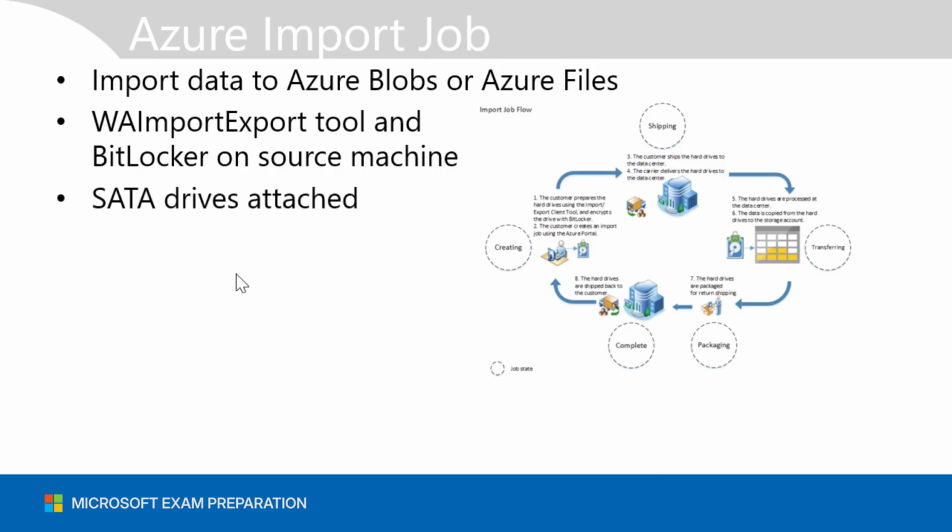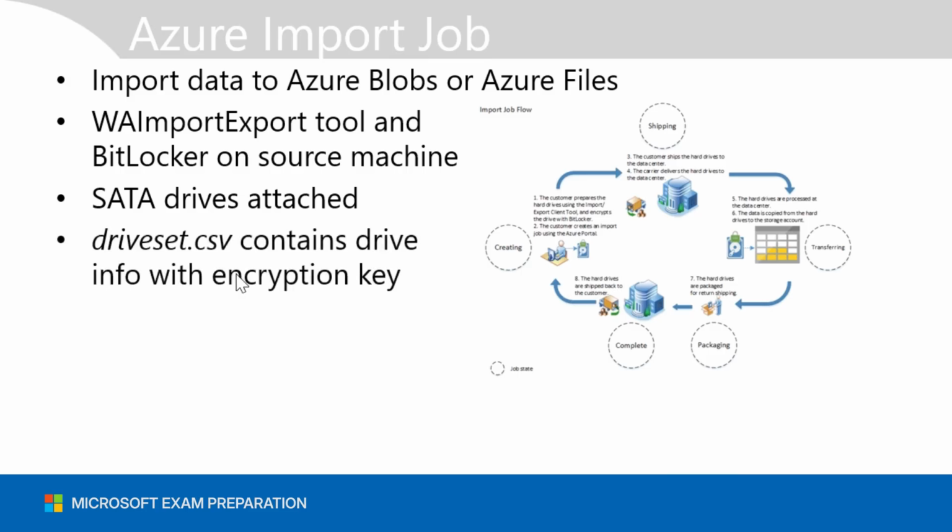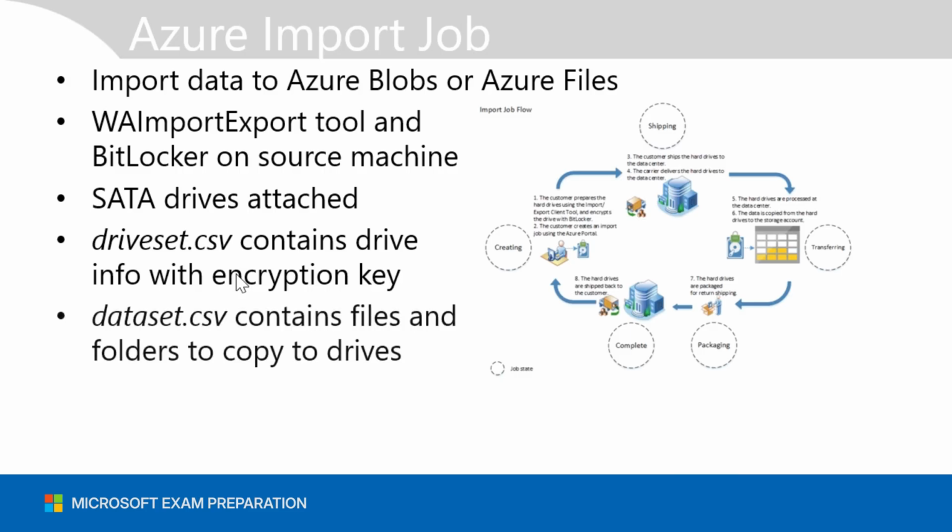You buy your own SATA drives and you attach them to this machine. And there's some restrictions on what kind of SATA drives they can be, but I wouldn't worry too much about that for your exam. You then identify information about the drives, one or more SATA drives that are attached, maybe with encryption keys included. You identify the files and the folders that need to be copied to Azure Storage.